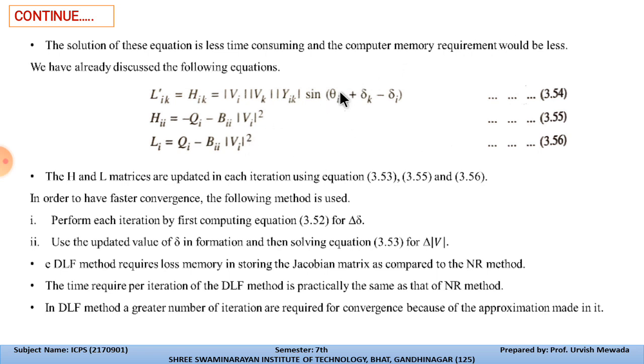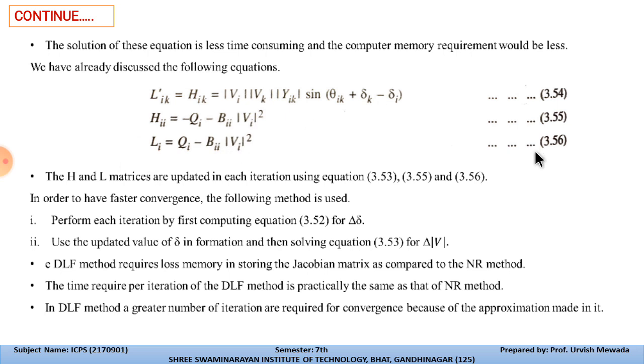Then we have already discussed these equations in the previous lectures, that is H ik is equal to L ik is equal to mod Vi mod Vk mod Yik sin of theta ik plus delta k minus delta i, where theta is the power factor angle and delta is the phase angle, and i and k indicate the bus numbers, and where Hii is equal to minus Qi minus Bii mod Vi square, and Lii is equal to Qi minus Bii mod Vi square.